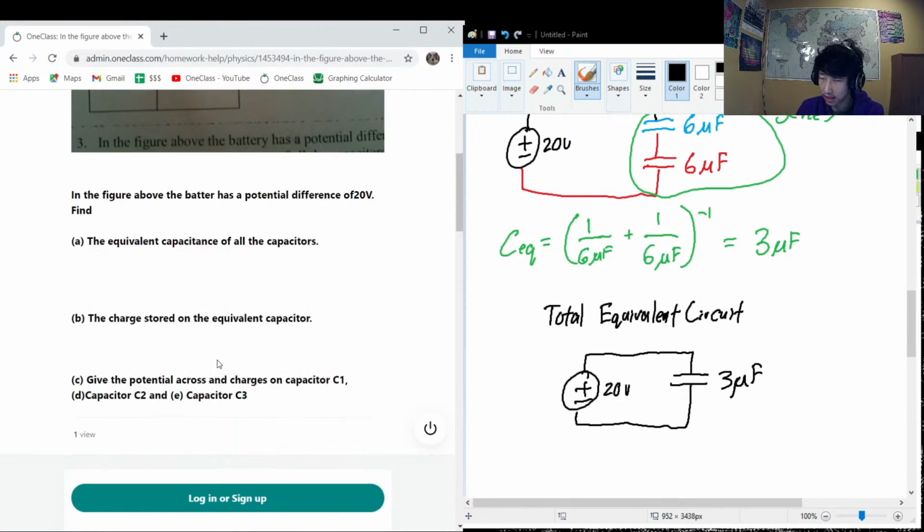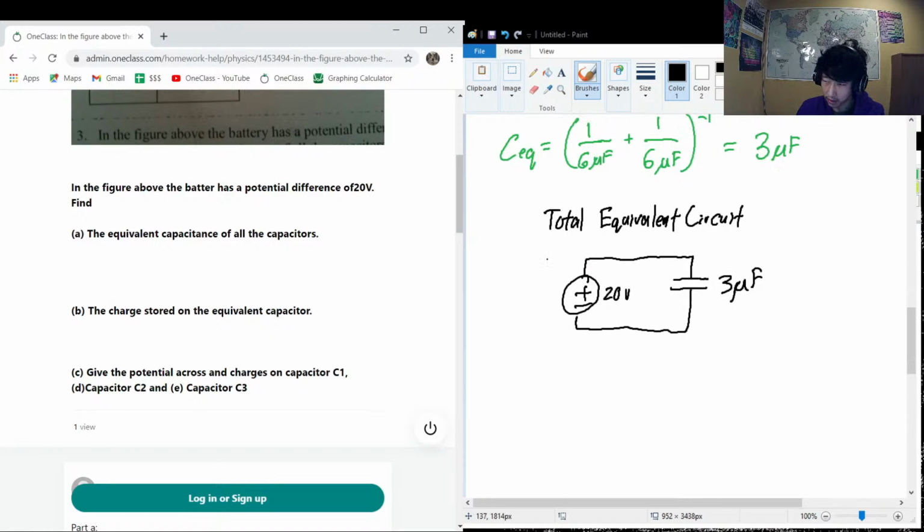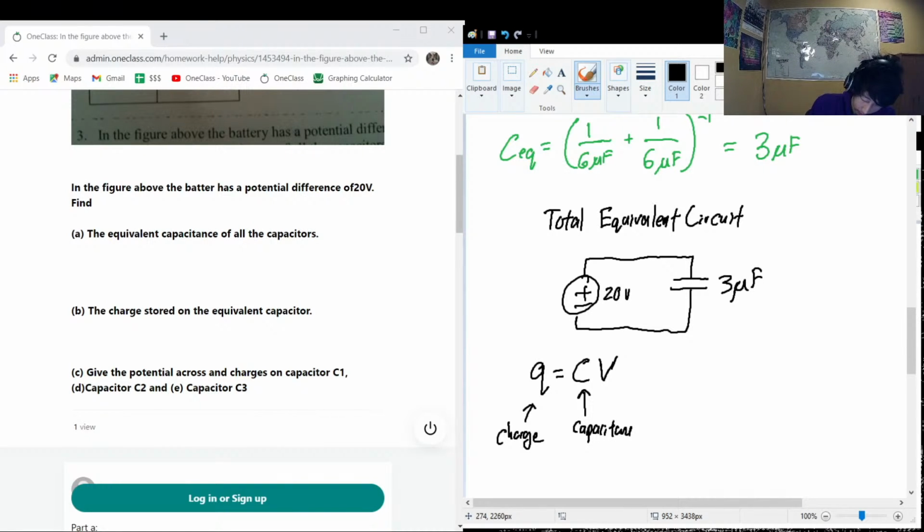Now, the next part of the question is asking us, what is the charge stored in the equivalent capacitor, which is just here. The fundamental equation that we want to use to address this situation is Q equals CV, Q being the charge, C capacitance, V voltage. Looking at the numbers that we have here, we have the capacitance, the C value, and our voltage, 20 volts.